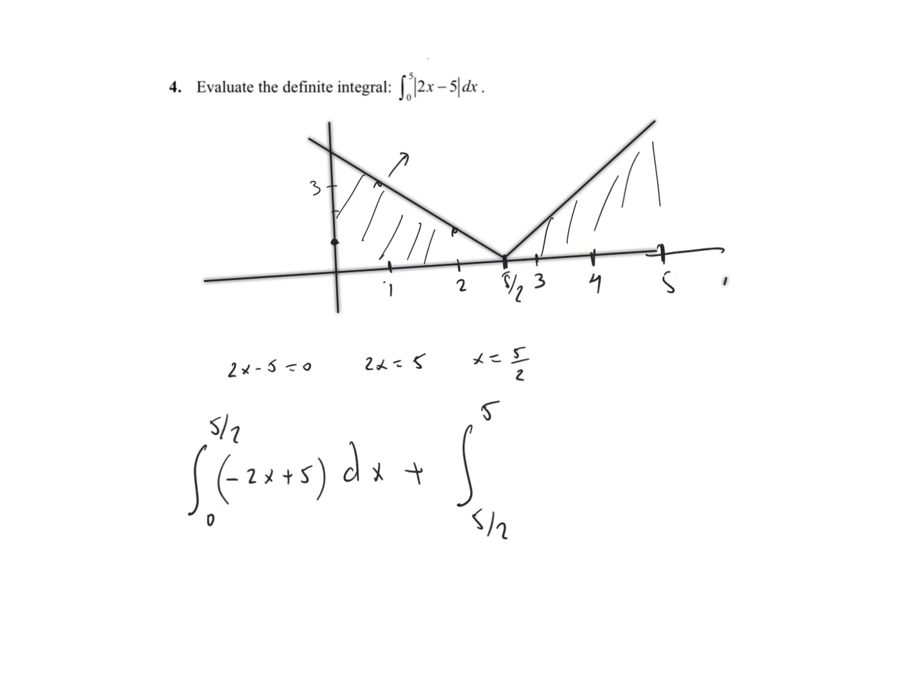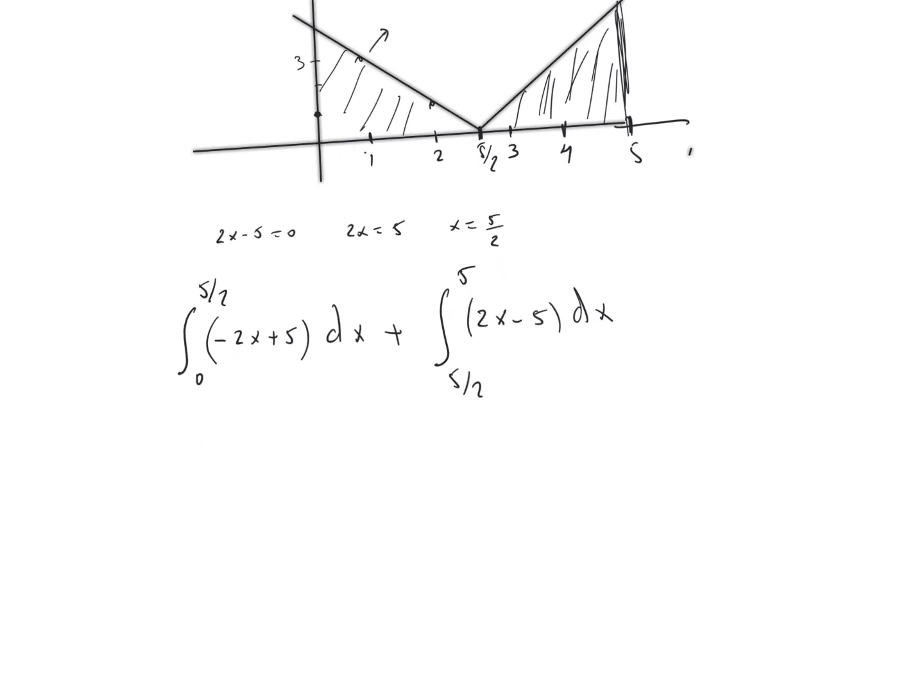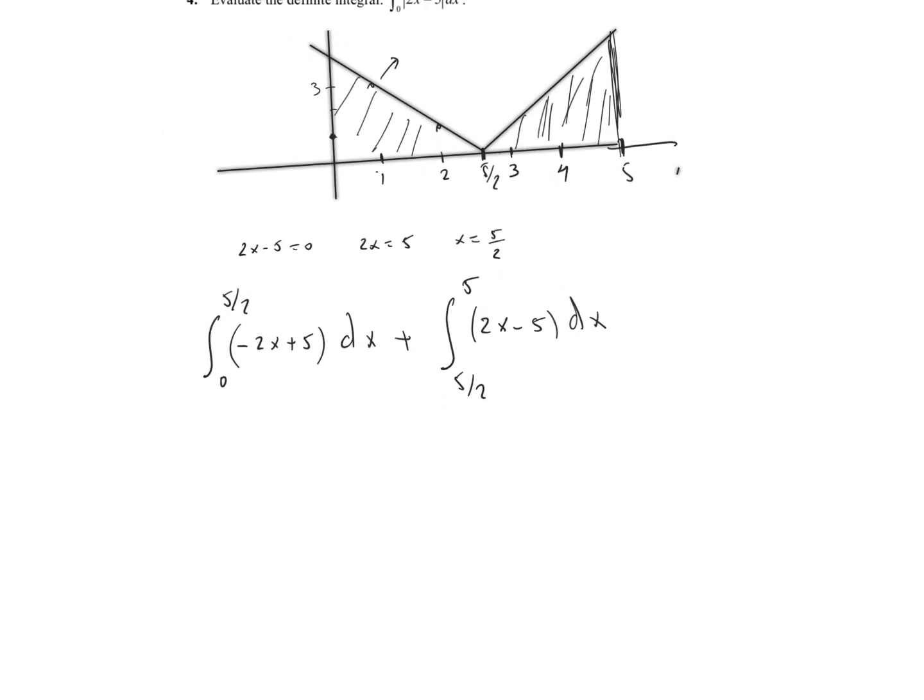So I want to find this area. It looks like the area will be 2 times the area of one piece, because of the symmetry. But let's calculate. So the function will now be 2x minus 5 dx.